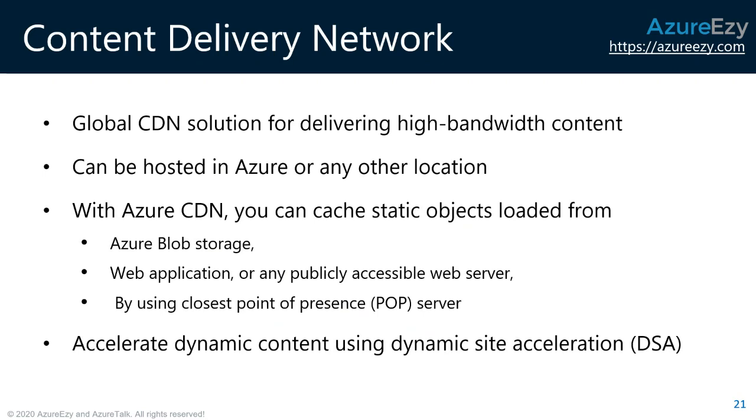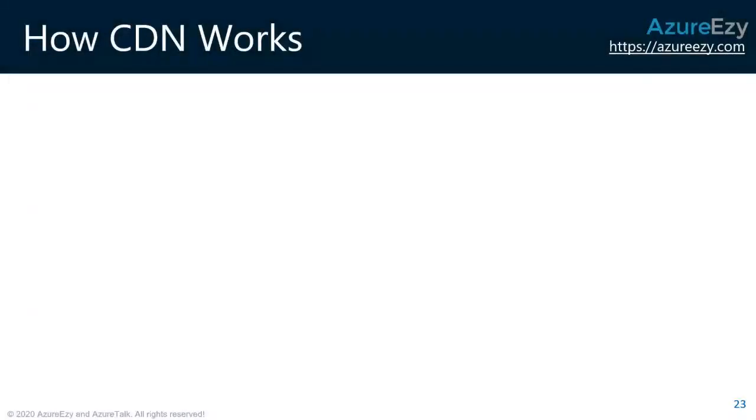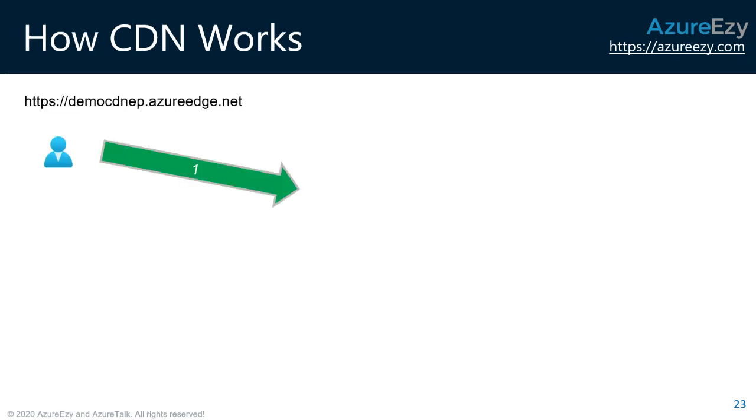Now, whatever we discussed about the content delivery network, let's see how it actually works. Let's see this with a diagram. For example, I have one user who tries to access a website. How will your CDN work? You create a CDN service in Azure.